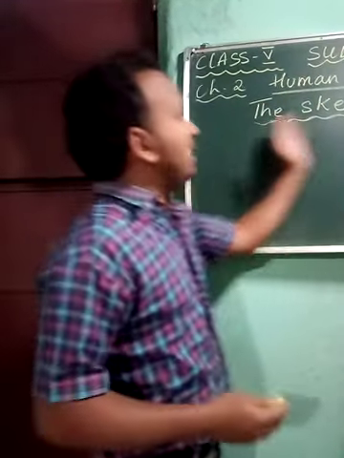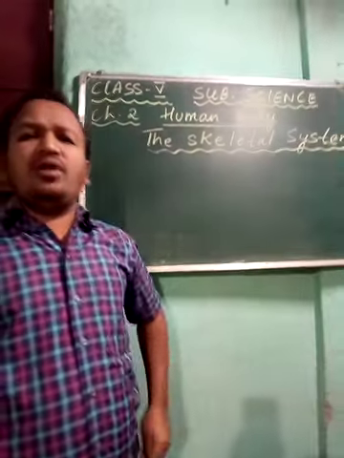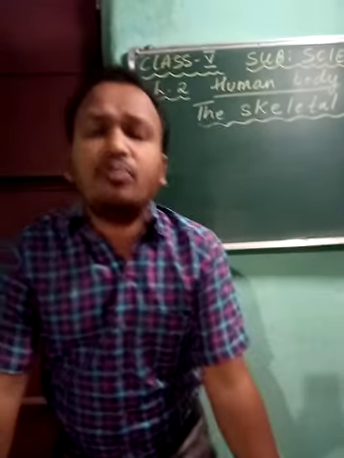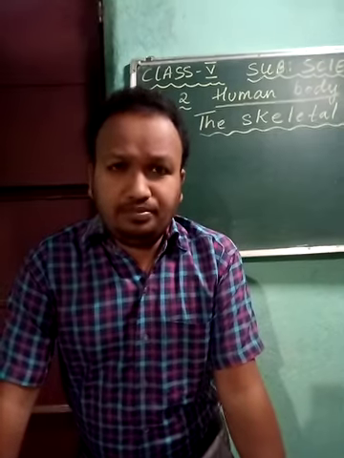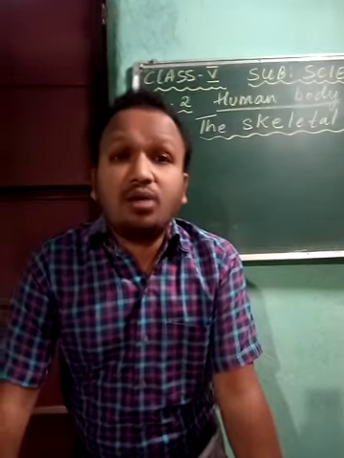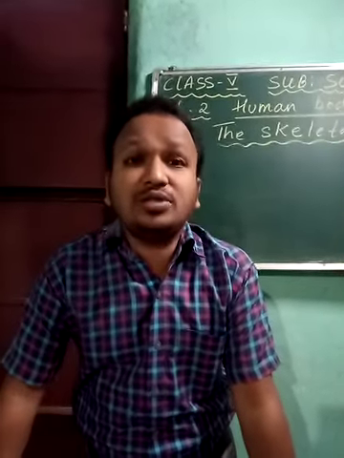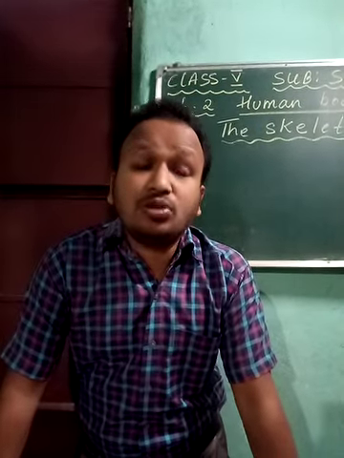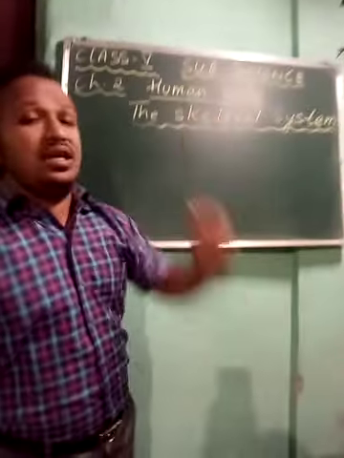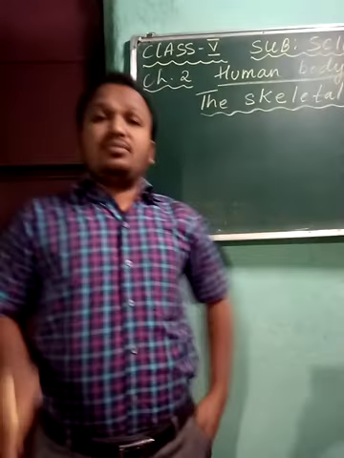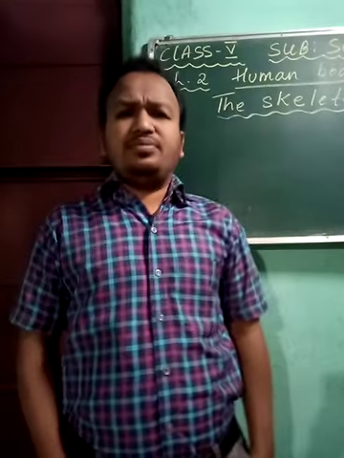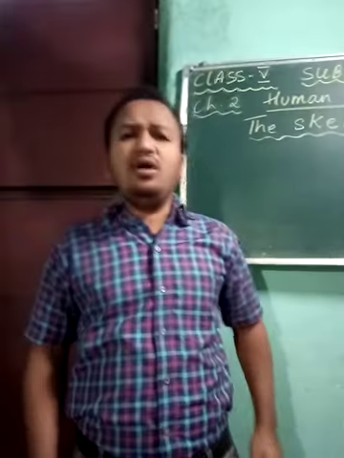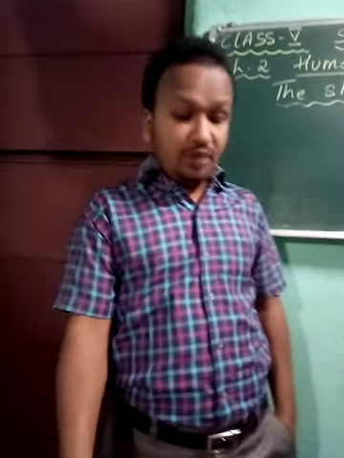If we don't have it, our body will not have a proper shape, and we will not be able to walk or sit properly. So the skeleton system provides a perfect, definite shape to our body. That is very important.